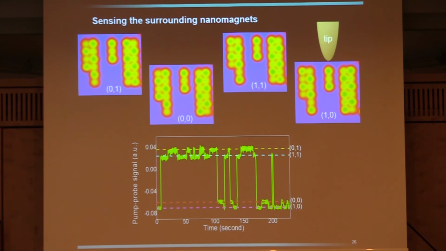This is now information you can take and analyze the statistics of this switching, and by this figure out correlations between the nanomagnets in the sensor and the nanomagnets themselves. And I think there's lots to be done with this method of measuring the magnetic information of 2 or more objects without even having your tip there.